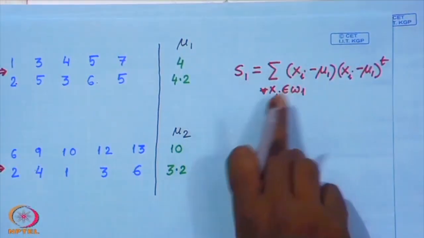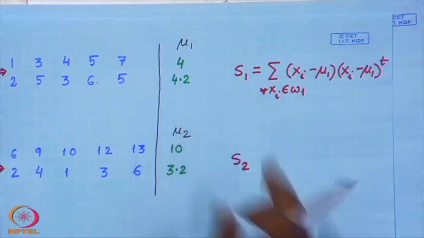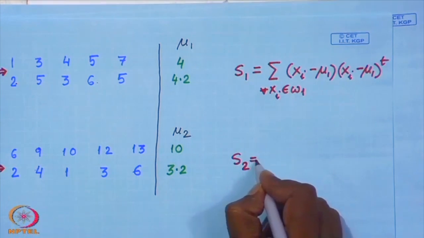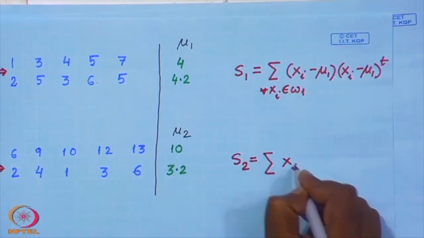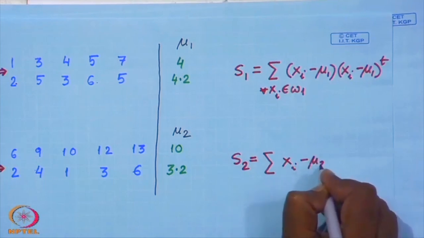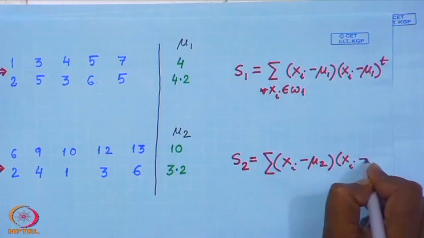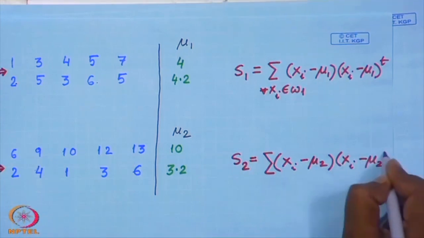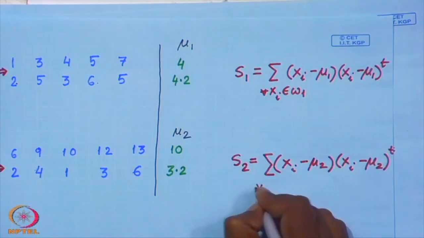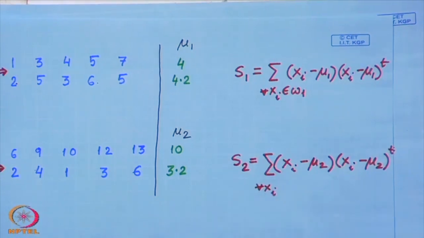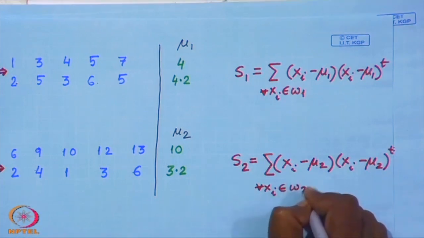The sum of all those matrices gives me the scatter S 1. Similarly, S 2 will be the sum of (x_i minus mu 2) into (x_i minus mu 2) transpose, and this summation has to be computed for all x_i belonging to class omega 2.